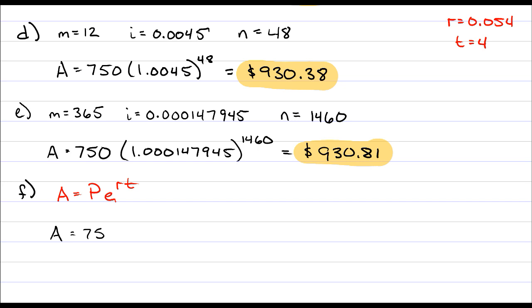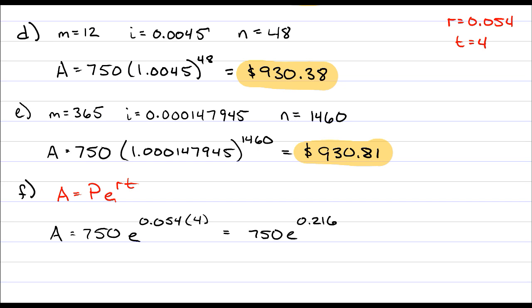So let's see what happens if we want to figure out the value of our account using continuous compound interest. We get 750 times e raised to the r, 0.054. T is always measured in years, so t is 4. So then I can calculate this, 0.054 times 4. So in the exponent, I'm going to get 750 e raised to the 0.216.